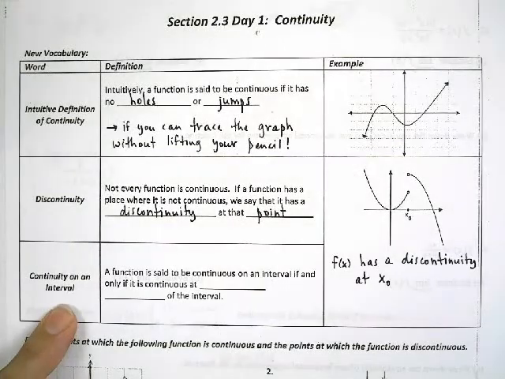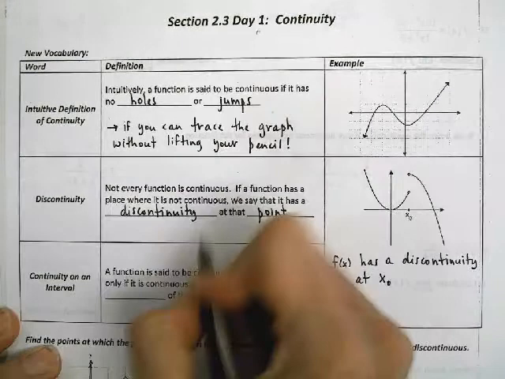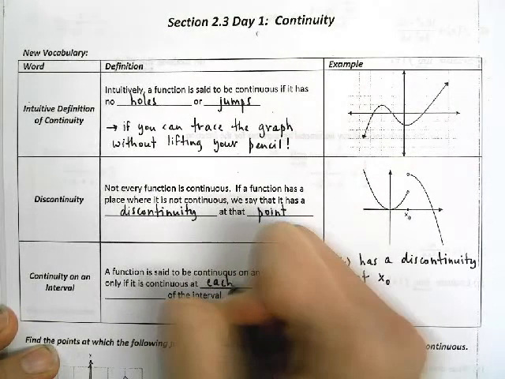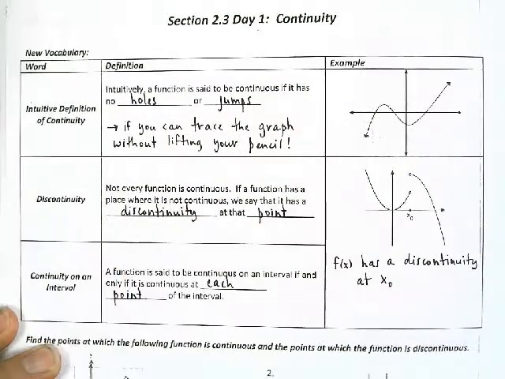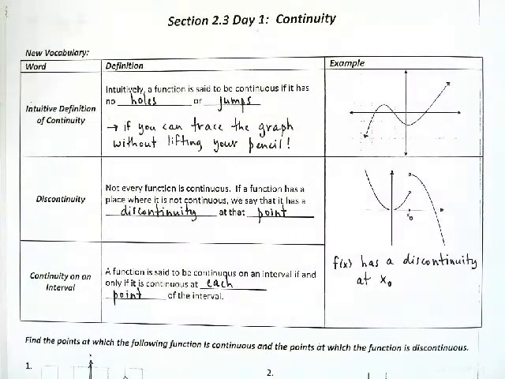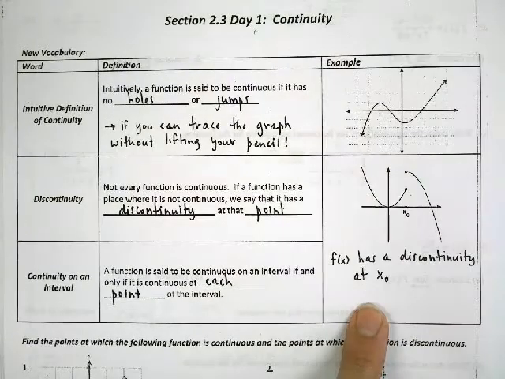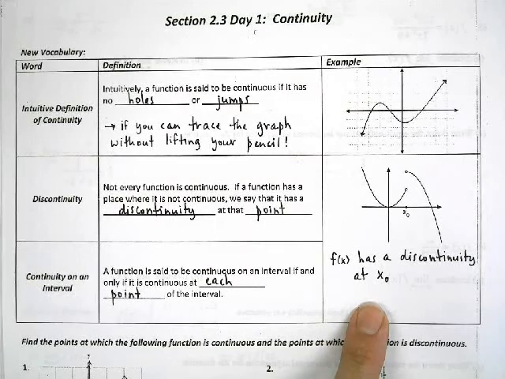Okay. So now when we're talking about continuity on an interval, a function is said to be continuous on an interval if and only if it is continuous at each point of the interval. Okay, so again, going back to our example here, we know that f of x has a discontinuity at x sub 0.